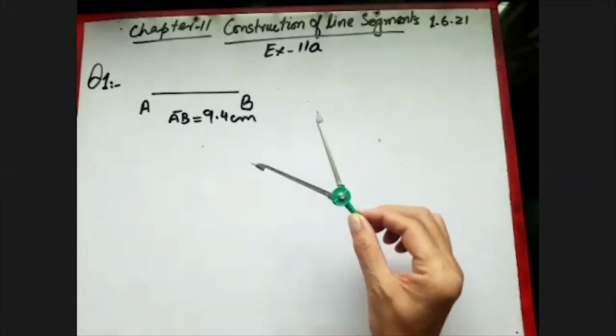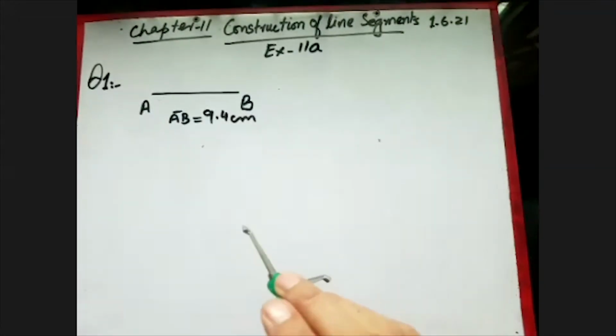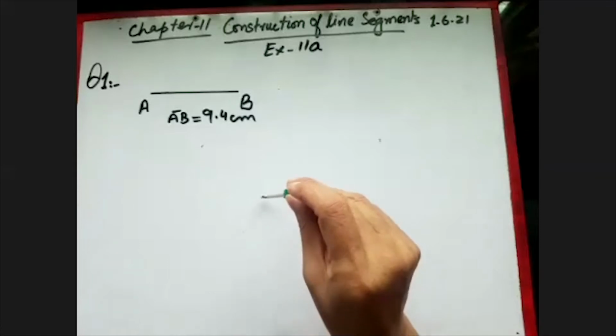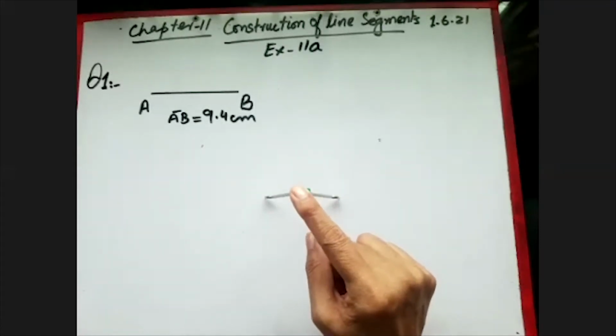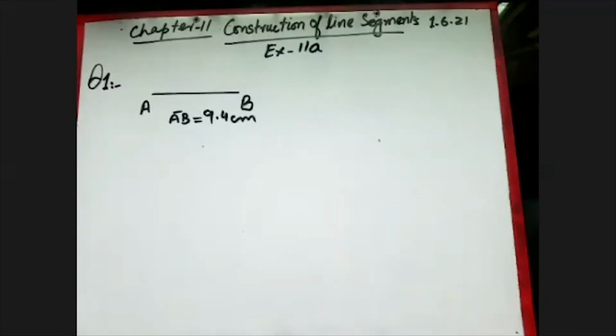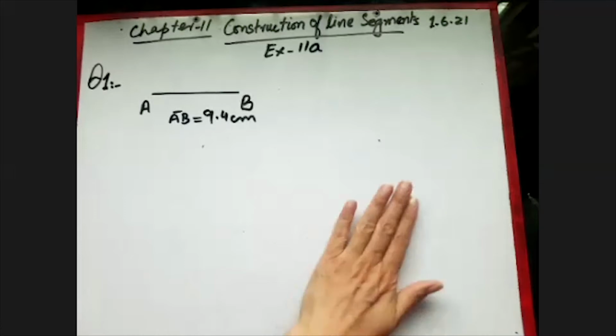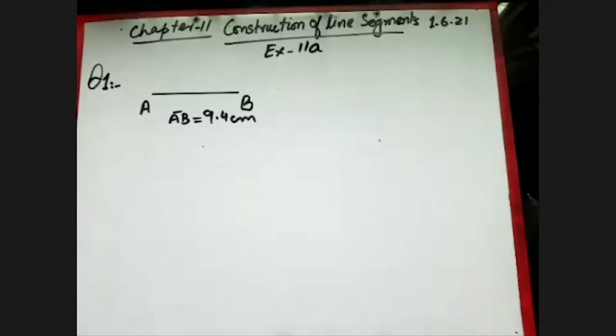You will open it at a suitable length, put the divider on the plain page, and notch the two endpoints by pressing it against your page. You will get two points, join these points, and you will get a line segment, which you name AB.